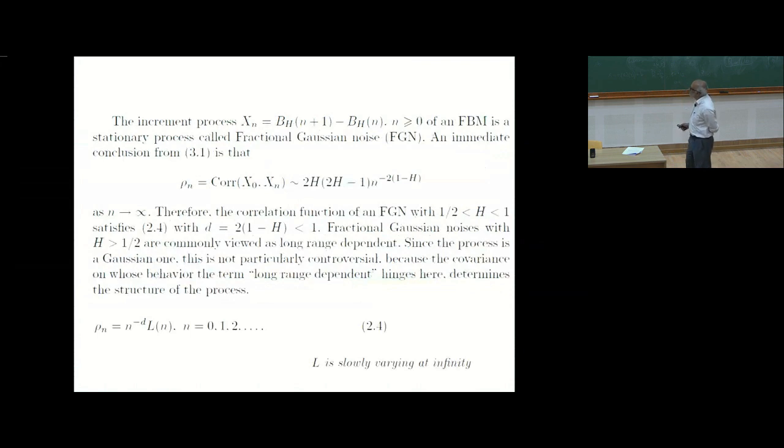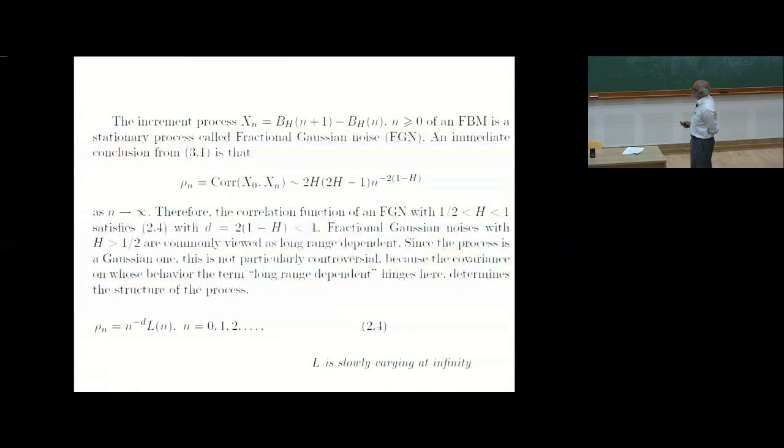This h is called the Hurst exponent. In particular, if h is less than or equal to 1, there's a unique zero mean Gaussian process whose covariance is consistent with self-similarity. The interesting and non-trivial models are obtained when h lies between 0 and 1, which is what we will assume.